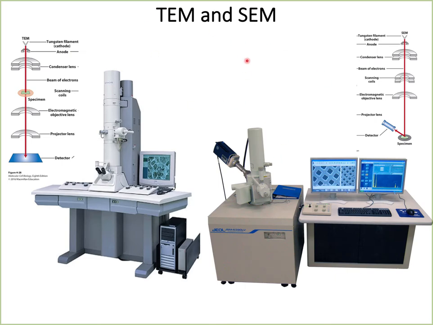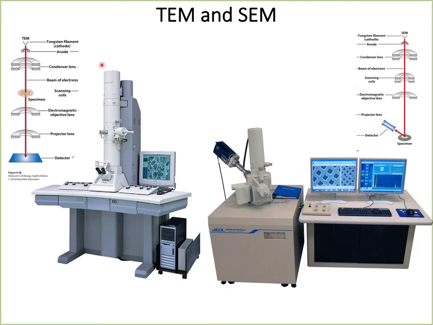Here we are looking at a typical TEM and the SEM. These are getting smaller and smaller. Right at the very top, you have the tungsten coil, which is the electron source. Then you have the condenser. This is a side tube, the sample or specimen holder. There's a small tube opening, and everything is kept in vacuum.